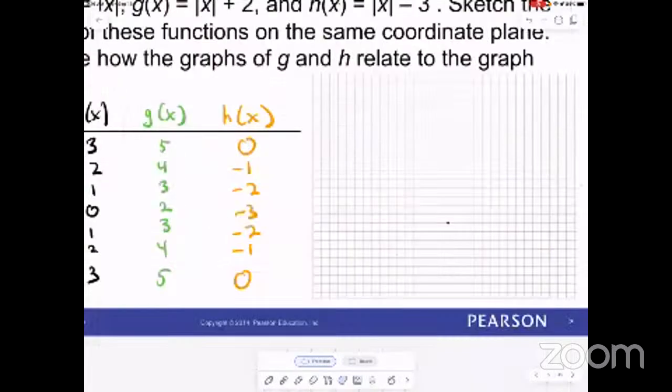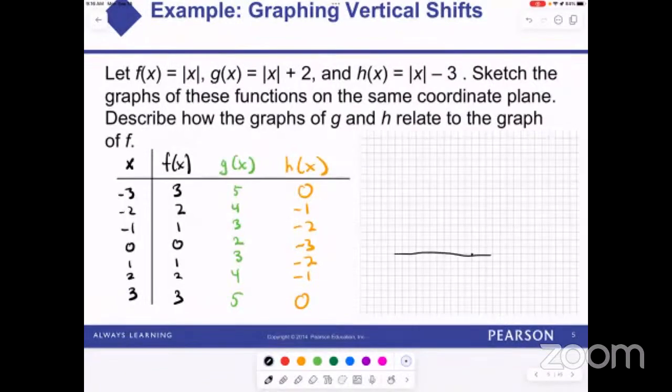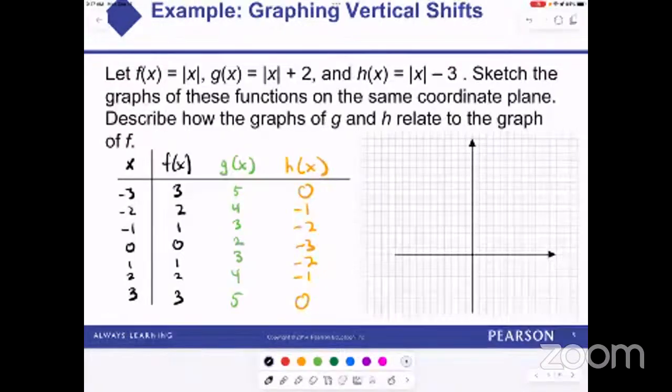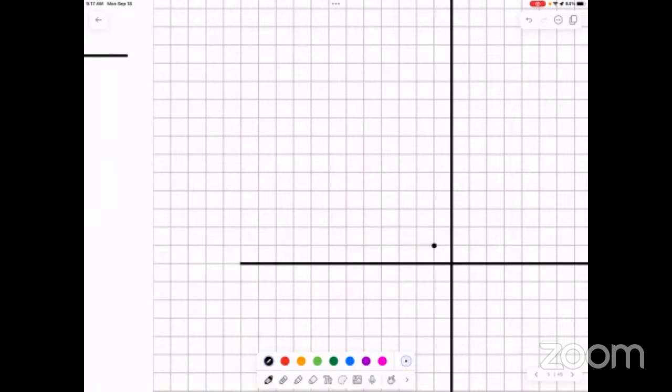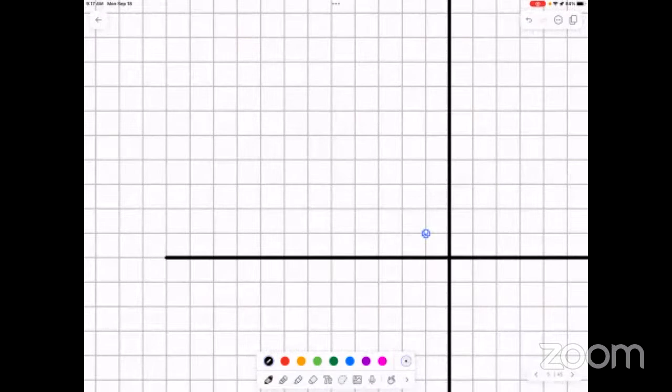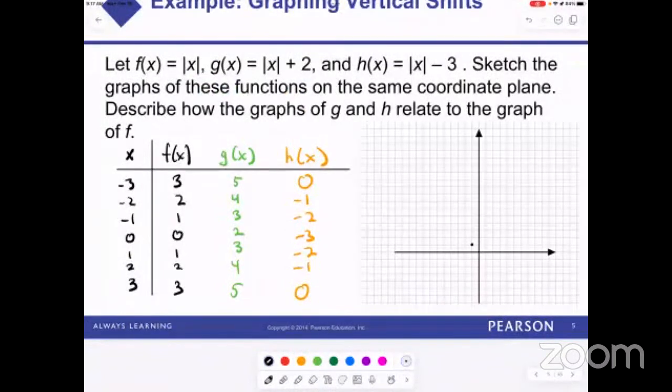All right, so that's going to be our origin. We'll let our positive X go in this direction. Positive Y will go in this direction.